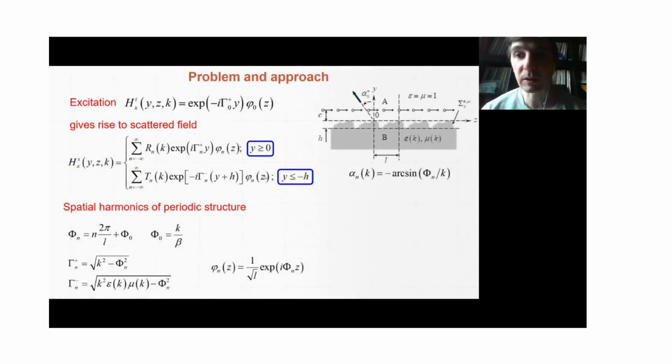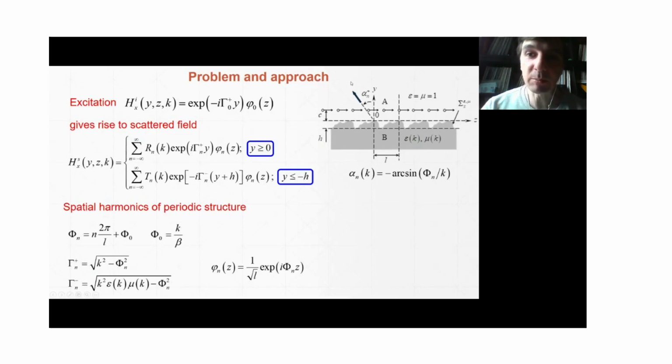So we consider, I hope you see my mouse cursor on the screen, in the top right corner a schematic depiction of structures we consider. It is periodic in Z direction, layered structures consisting of dielectrics or metamaterial or graphene today.